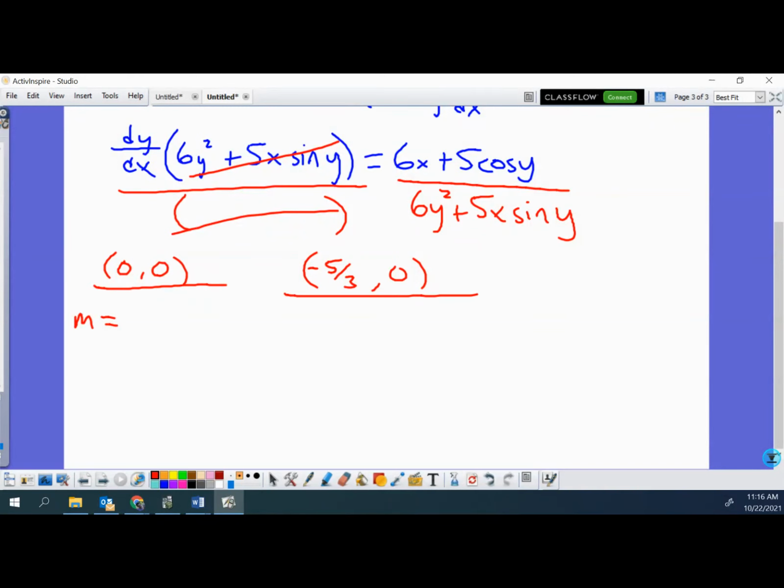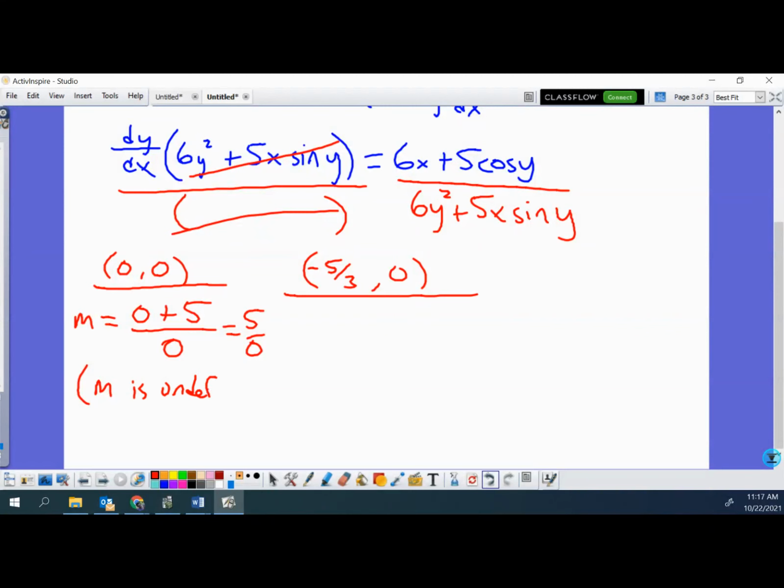If I plug 0 in, we're going to get 0 plus 5 times 1 on top, 5 times the cosine of 0. On the bottom, there's a y here, and then sine of y. When you plug 0 into that, you're going to get 0 for both of those terms. So we're actually going to get 0 on the bottom. That's 5 over 0. That does not exist, right? That's undefined.